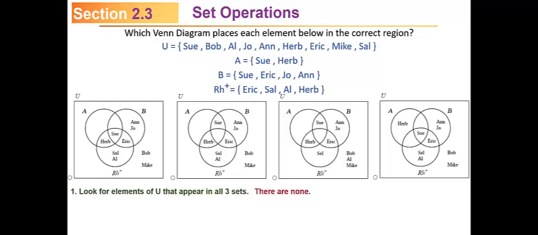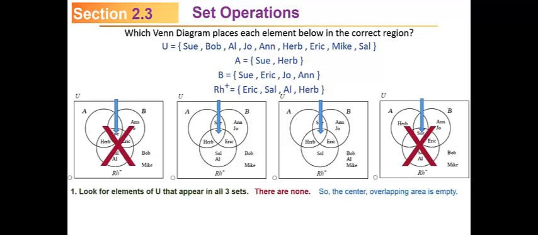Al is in Rh positive, but not in B, or A for that matter. And you can go one by one, and you can see there are no people who are in all 3. So that middle area, which represents the overlap of all 3, should be empty. So that already knocks out the first and the last Venn diagram.